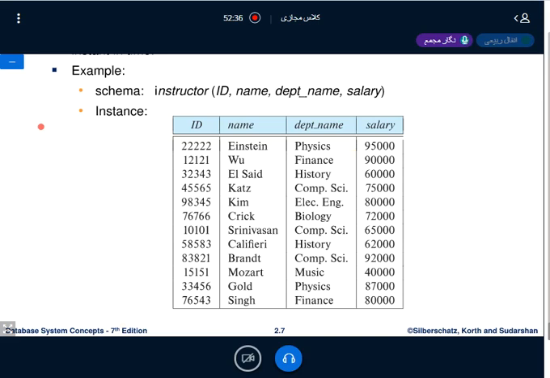For another example: ID and name. And department name. Department name and salary.